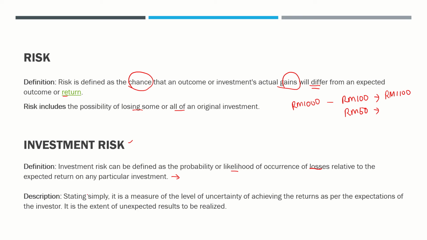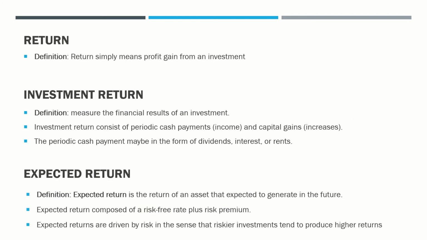So, it is a measure of the level of uncertainty of achieving the returns as per expectation of the investor. For example, if you invest in stock market, risiko tinggilah berbanding dengan simpan duit dalam bank. So it is the extent of unexpected results to be realized.